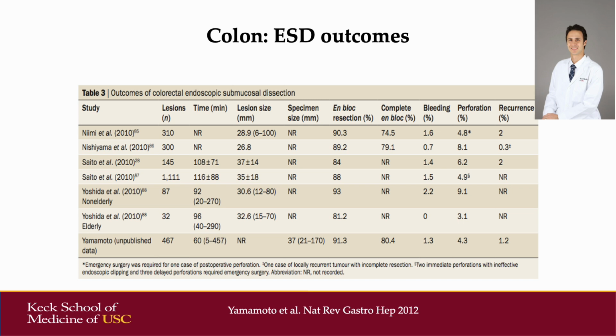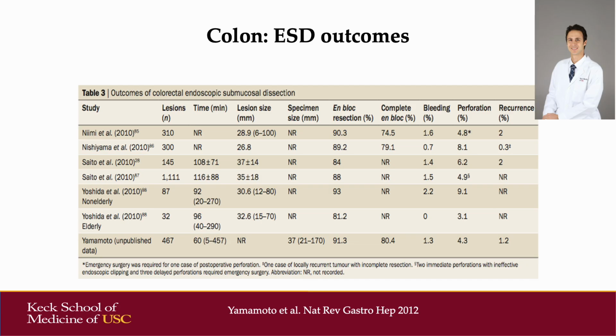We can see the outcomes of colorectal ESD here from several different studies. You can see that there are over 1,000 lesions represented here amongst these studies. And we can see that the rate of en bloc resection is very, very high, between about 80 to 90%.